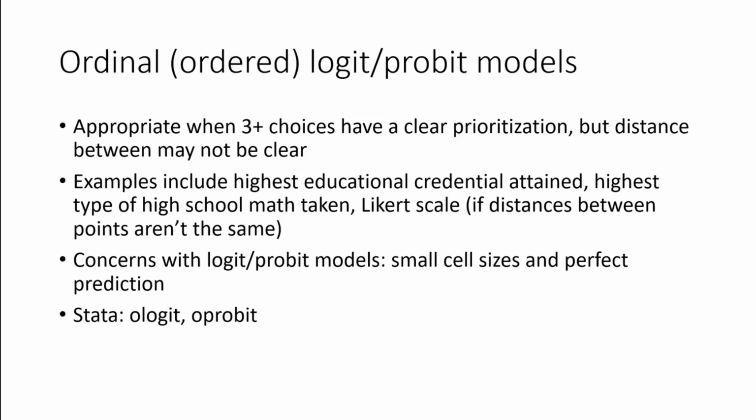Or do you have, say, for the number of students taking trig in high school, a fairly small group? That's a concern because if everyone who takes trigonometry in high school graduates, for example, you get what's called perfect prediction. And when a software package sees perfect prediction, it drops those cases from the model. And it's something you need to watch out for.